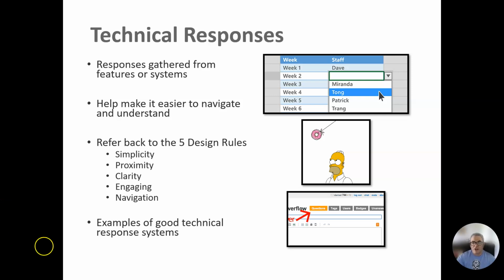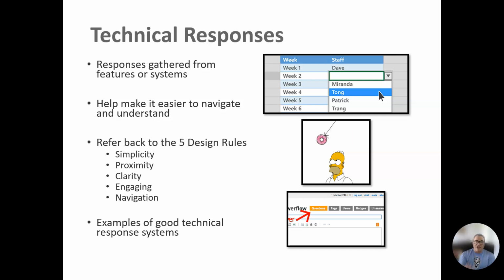And surprisingly enough, we have 5 different design rules to really understand visuals and how people use them in the experiences with the systems that they know. It has to be simple and easy to understand. Things have to be laid out in proper proximity. There's clarity. Things have to be clear and not so defined to where it's hard to understand or hard to see.